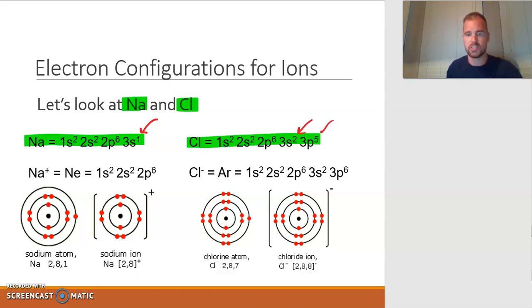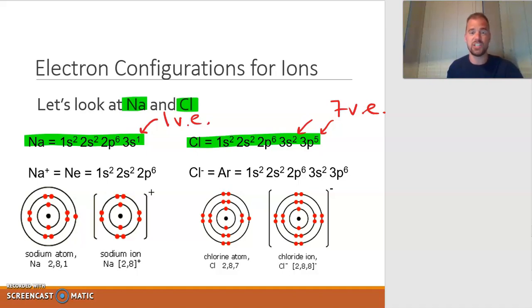It has the 2 plus 5, so it has 7 valence electrons. Once again, we could have figured that out based on the fact that chlorine is in group 7A. Neither one of these elements is happy because they don't have their full 8 valence electrons like a noble gas would have. So sodium, do you think it's easier for sodium to lose that 1 electron or to gain 7?